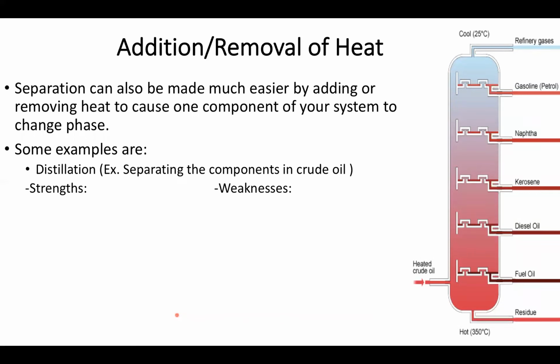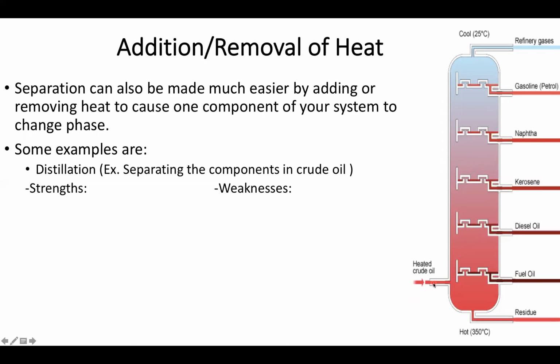So the classic example of using heat for separation is distillation, which is more or less the idea of I take a starting material, I heat it up, and then I separate out all of the components based on boiling point. So this is a great technique because the only major input I need is going to be heat.